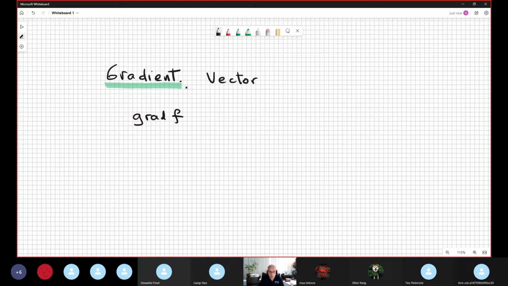Suppose that we have a function in 2 dimensions, expressed in explicit form. The gradient is a vector, and the vector is the partial derivative of f with respect to x, comma, the partial derivative of f with respect to y. Bang. This is the definition.